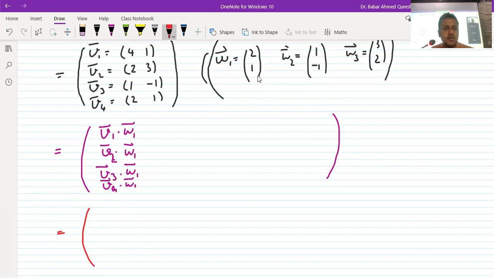So I have taken this dot with this. The dot is very simple. 4 times 2, 8. 8 plus 1, 9. I took this dot with this. 2 times 2, 4. 4 plus 3, 7. 1 times 2, 2 minus 1, 1. This dot with this. 2 times 2, 4. 4 plus 1, 5. This is your first column.